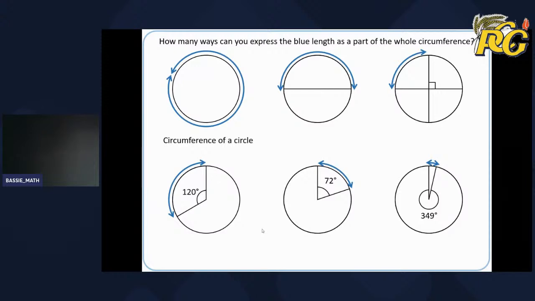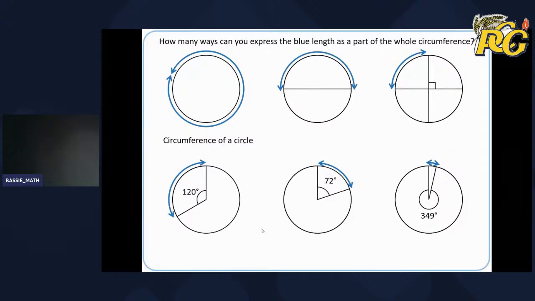How would we be able to express that length of arc as a part of the whole circumference? Well, I usually say we have to create a fraction, but how do we create a fraction? What feature of the circle allows us to create a fraction? The feature is the fact that there are 360 degrees of turn in a circle.